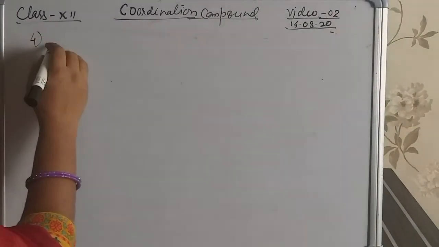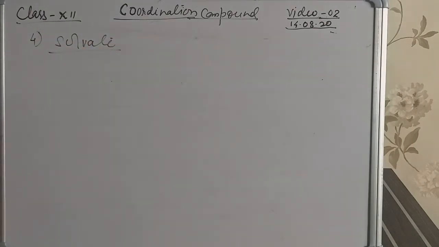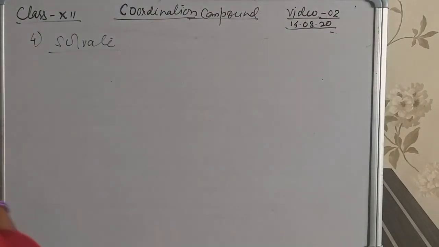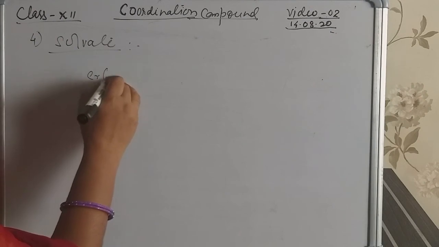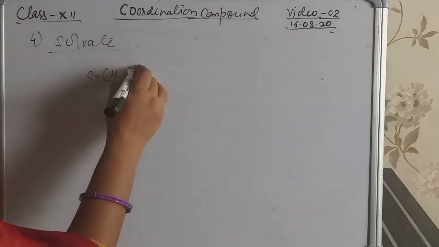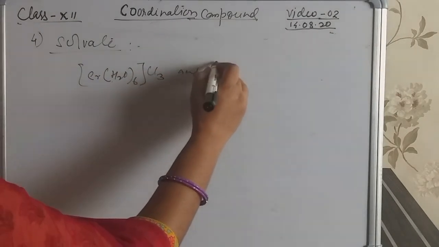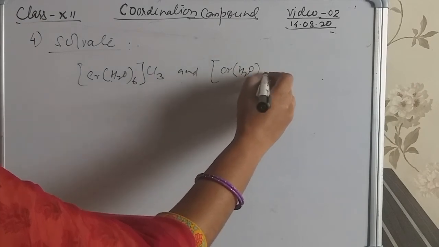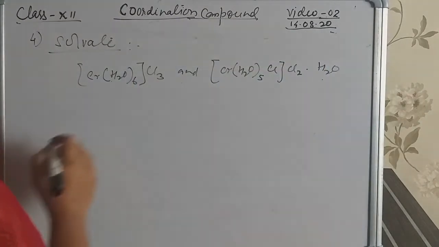So next one is solvate isomerism. It differs by whether or not a solvent molecule is directly bonded to the metal atom or merely present. Suppose we have an example: [Cr(H2O)6]Cl3 and [Cr(H2O)5Cl]Cl2·H2O.